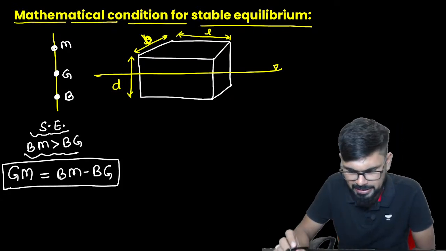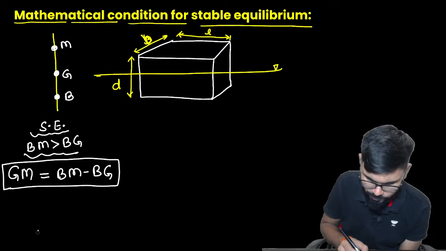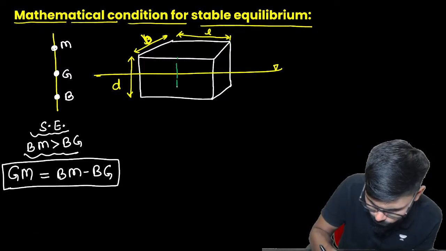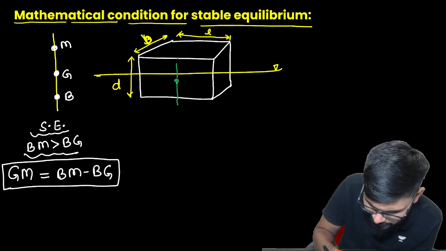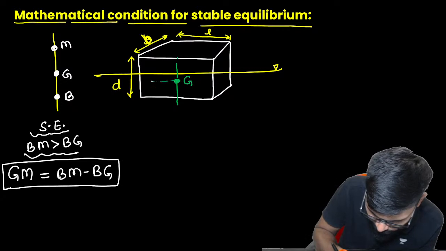Now please listen here carefully. G value will come where basically? Obviously G value is going to come at D by 2. So this is basically G, and this value is going to be D by 2.